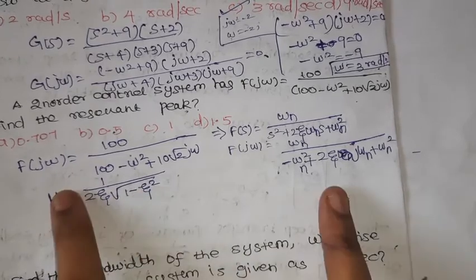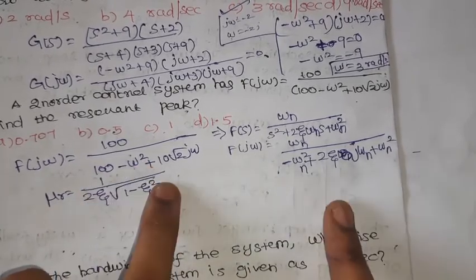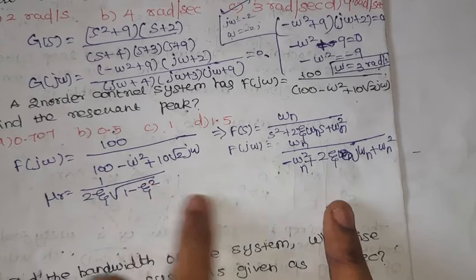By equating and finding the zeta value, how do we find it?